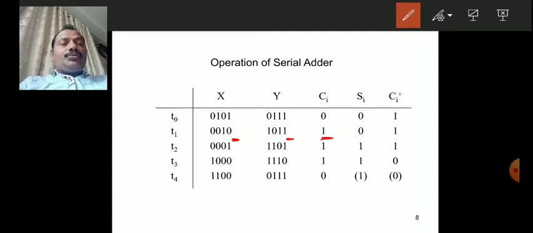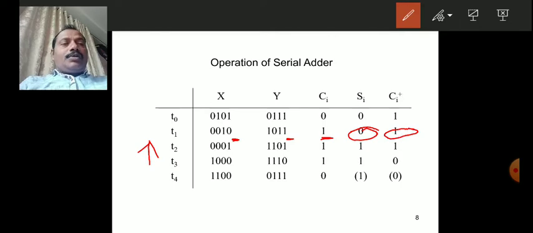It is 1 0, that means carry is 1, sum is 0. So this is the output. Once this is produced, a new clock pulse comes. Once the new clock pulse comes here, that is T2.